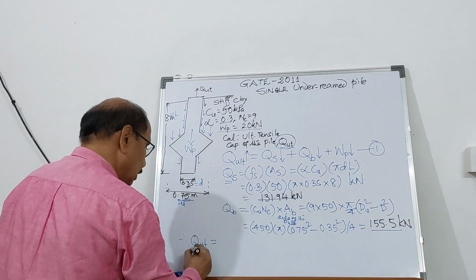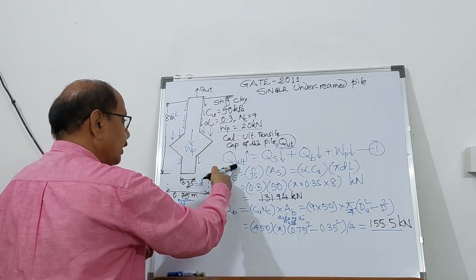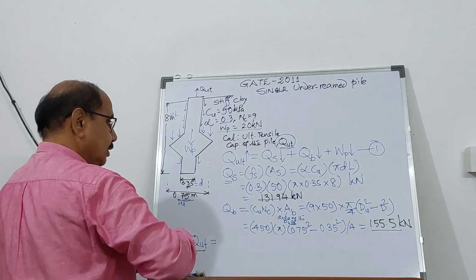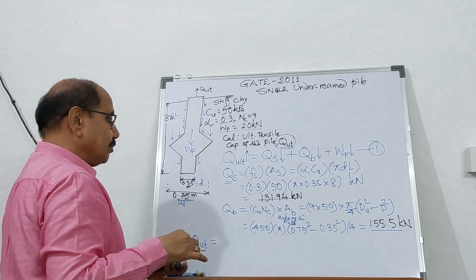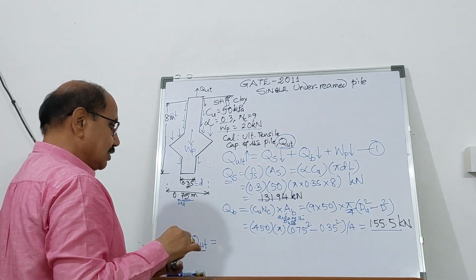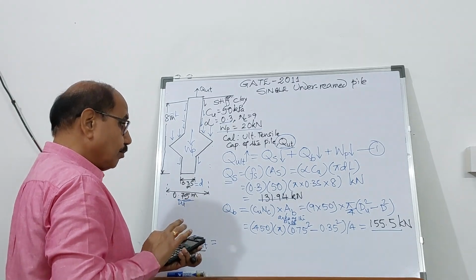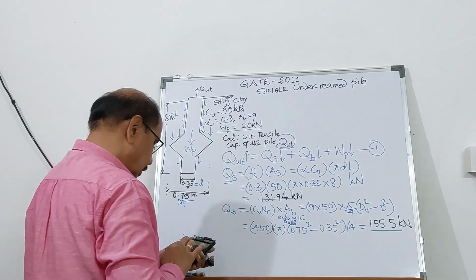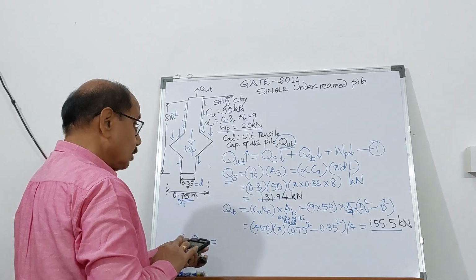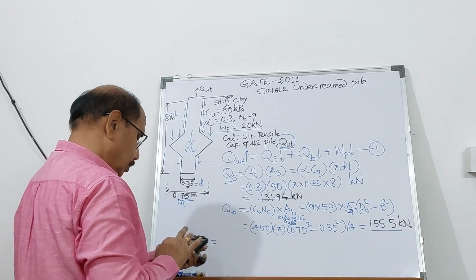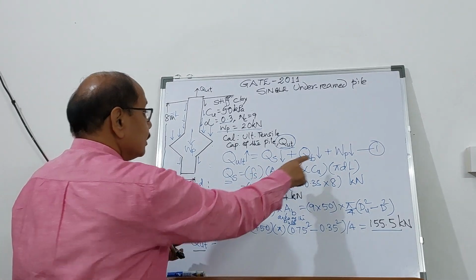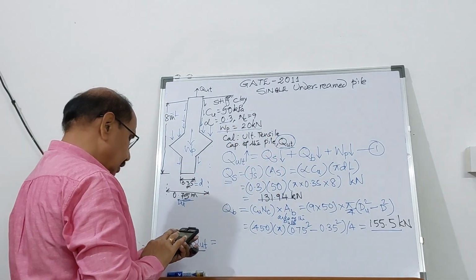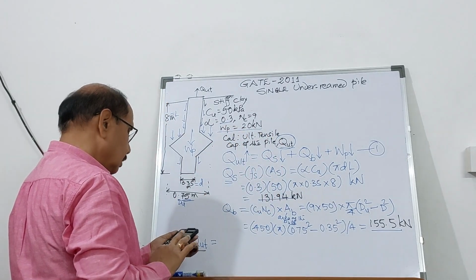So therefore, Q ultimate, we can calculate the tensile capacity as 131.94 plus the weight, that is 20.